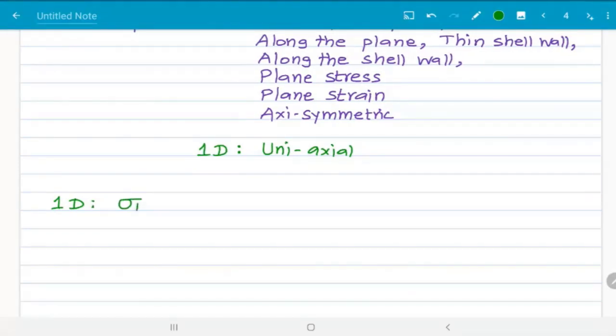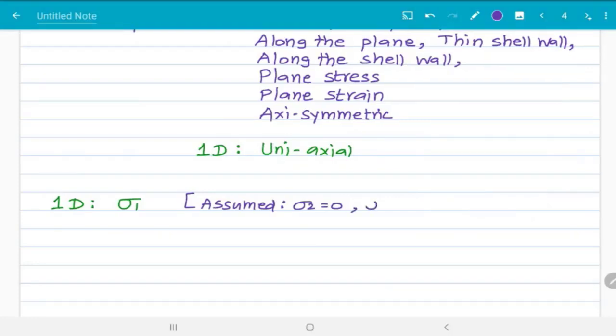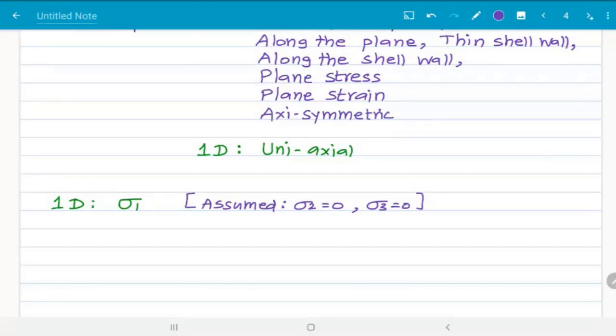Then we will assume sigma 2 equal to 0, sigma 3 equal to 0. It means the second and third principal stresses are assumed as 0.